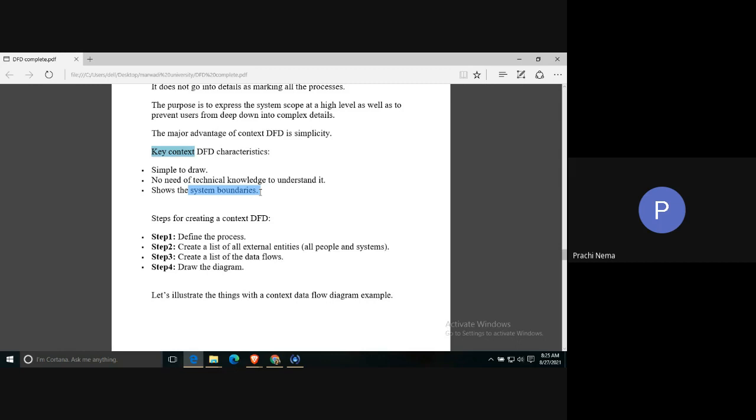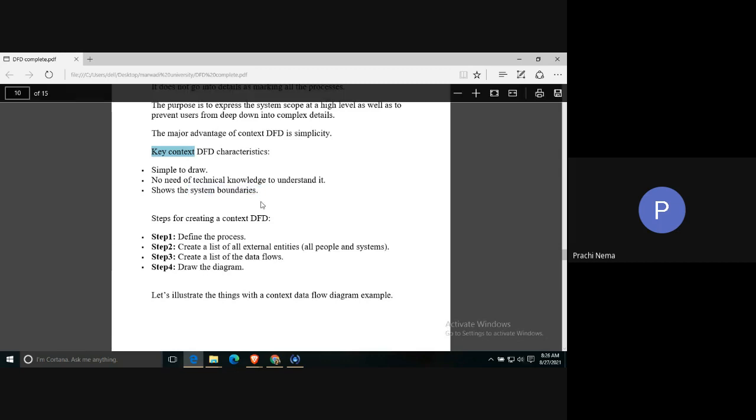Otherwise, if you draw the sub processes, if you have multiple processes in your system, then there would be many inputs, many outputs. So you cannot predict the system boundary easily. But in level 0 DFD, you can have a clear view of the system boundary. These are the three reasons why you should start drawing your DFD with level 0.